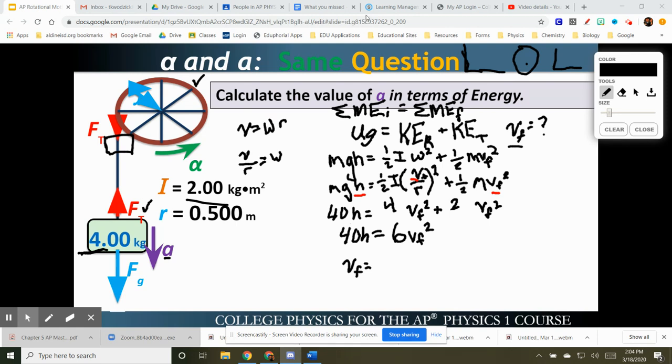Good job, Gabriel. Awesome. I'm just going to put it as a number. So square root of 6.67h instead of leaving the 40/6.